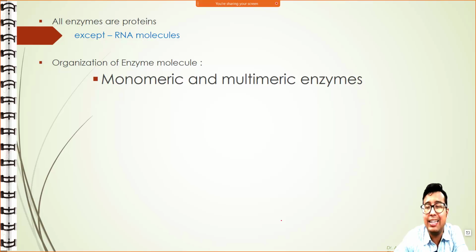You have already read examples of enzymes that have multiple subunits. Those are known as complexes. You have read the fatty acid synthase complex, the alpha ketoglutarate dehydrogenase complex, and the PDH complex, I mean the pyruvate dehydrogenase complex. Those are actually multimeric enzymes.